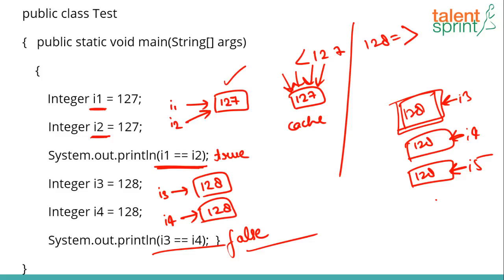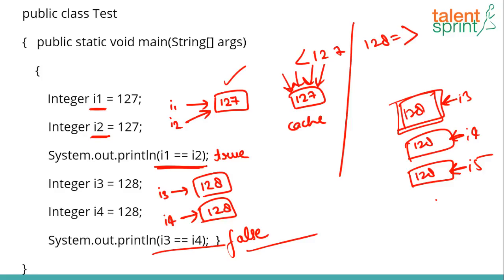Since you don't have the value in the cache, you create a new object every time you create a value greater than 127. Alright, I hope this is clear now. It's a very simple concept that was introduced in Java 5, the boxing cache concept, which works like this.